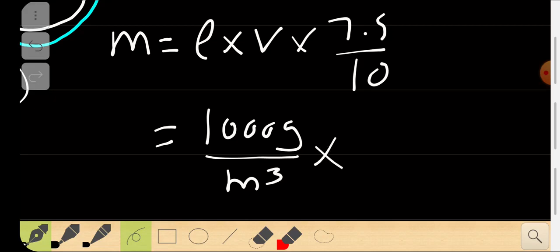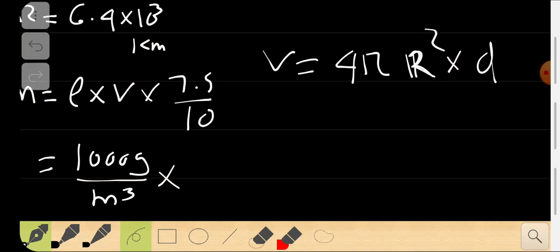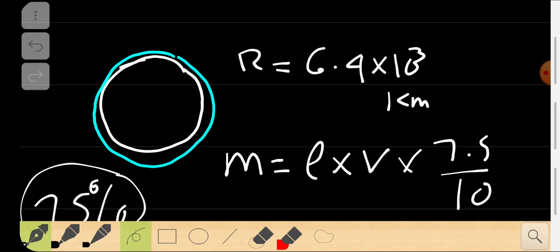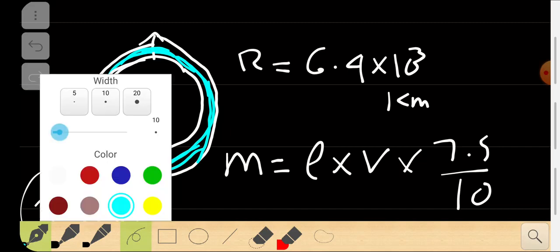And the volume will be 4 pi r square times the distance. This is the area and this is the distance. That means the area covered by the surface plus the distance upwards, which completely fills the water inside. That's the volume of water. Area times distance is also a volume.